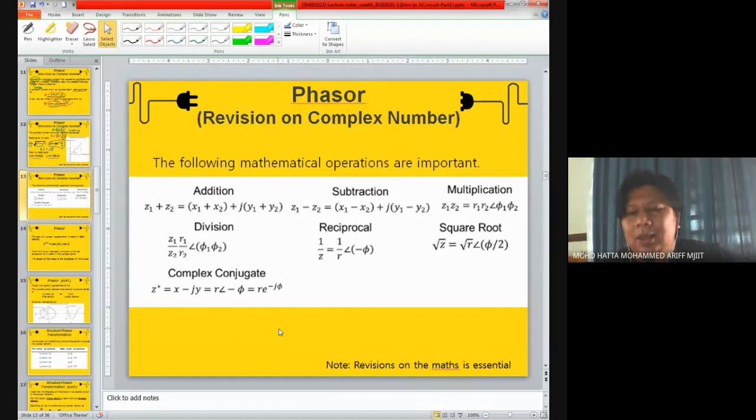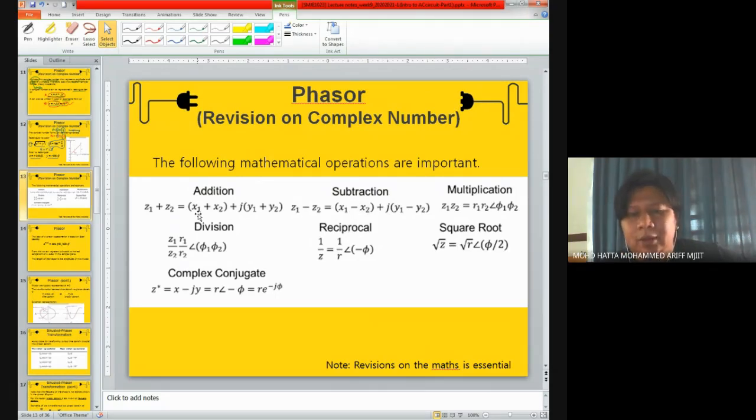However, I think your calculator can easily add, subtract, and maybe multiply and divide, whether you have rectangular form or polar form. So you don't really need to convert.